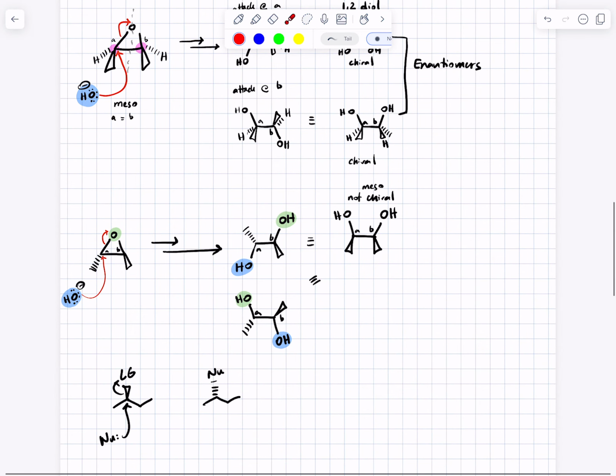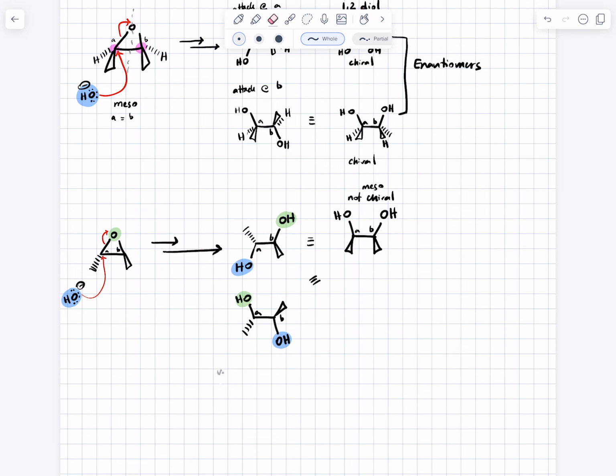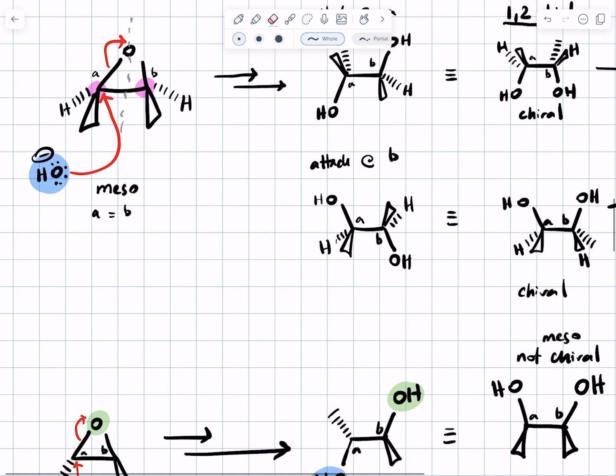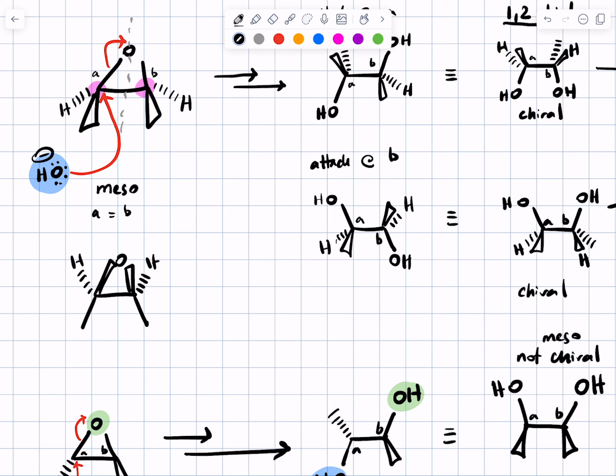With a model set, you can convince yourself. An equivalent way to draw an epoxide is to have the bonds to the oxygen be wedges, and the methyl groups be in the plane of the page.